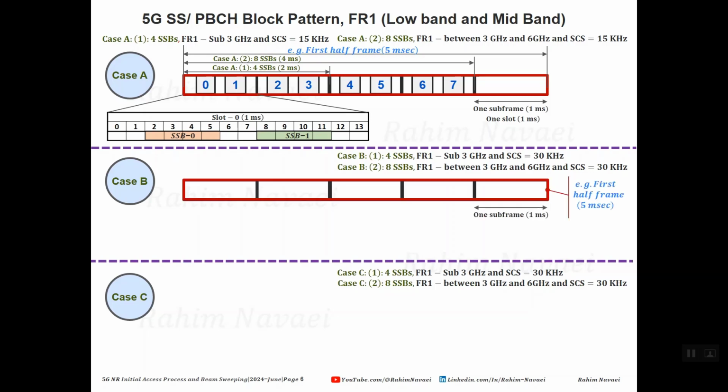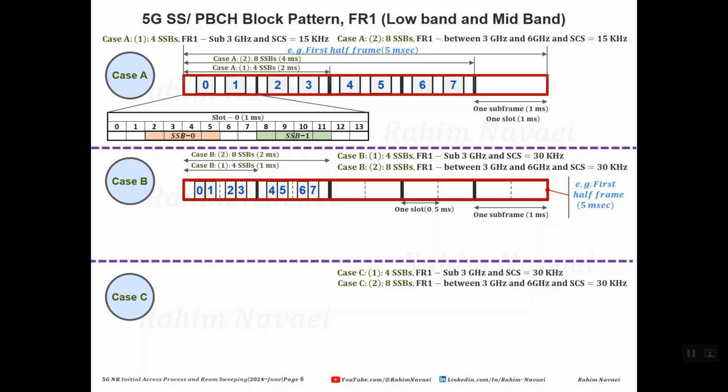As you know, slot duration for SCS of 30 kHz is 0.5 millisecond. Therefore, there are 2 slots per subframe. For case B1, 4 synchronization signal blocks are transmitted in slots 0 and 1.